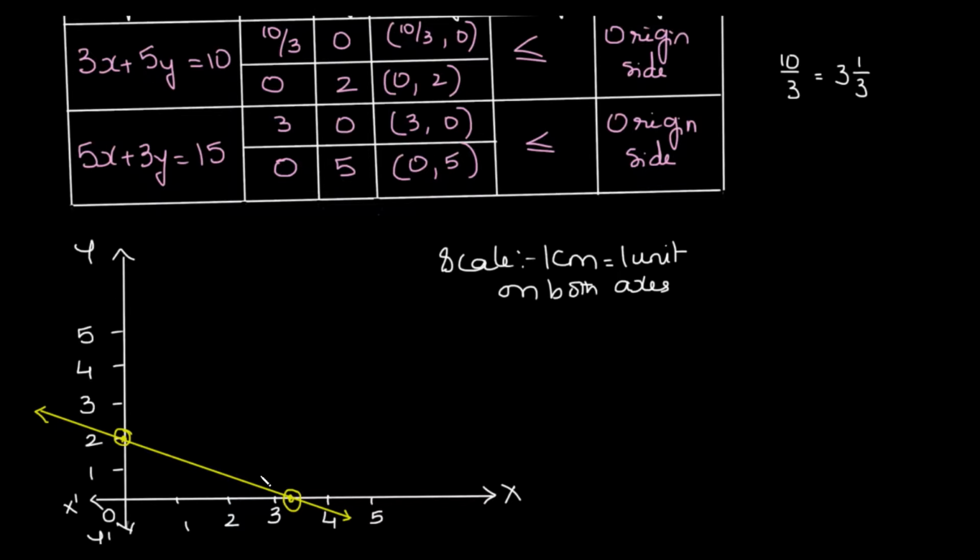The other line has the points 3 comma 0 here and 0 comma 5 over here. Before drawing the line, let us write the equation of the first line, that is 3x plus 5y is equal to 10, and then we go on to draw the other line.